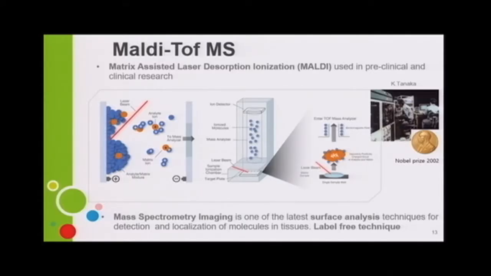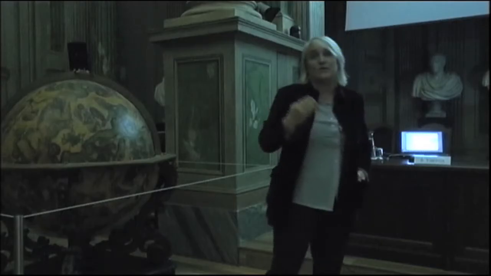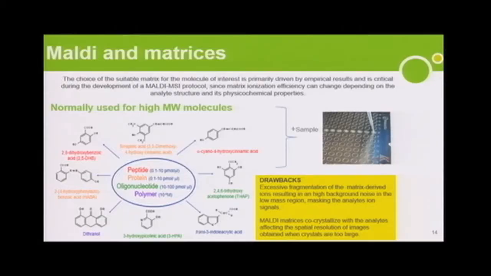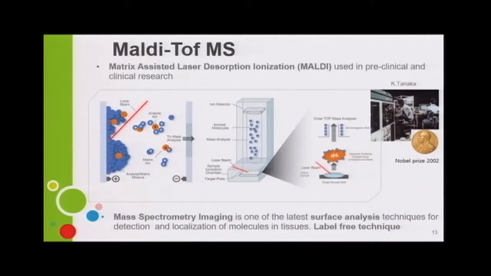Then you go to the mass spectrometer, and you have the mass analyzer and the ion detector that permits to obtain information about the molecules and the metabolites, the drugs and the metabolites, and also about the quantity that is present in your sample, okay? This technique was discovered by Tanaka. He won the Nobel Prize in 2002, okay?